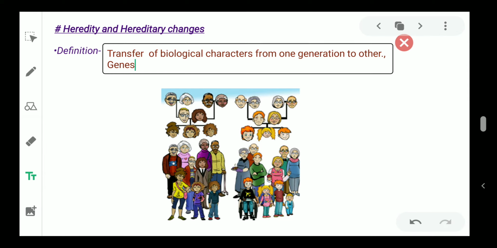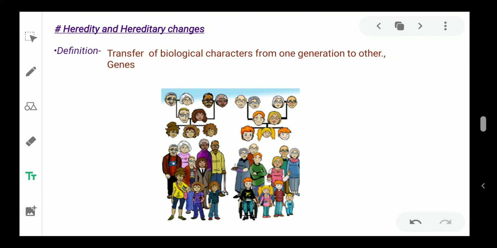So we have studied a little bit in detail about this transfer of characters from one generation to other in our previous year. Okay, in our entire family, there is transfer of traits from your grandparents to your parents, from your parents to you, and you will be transferring those characters to the next generation.